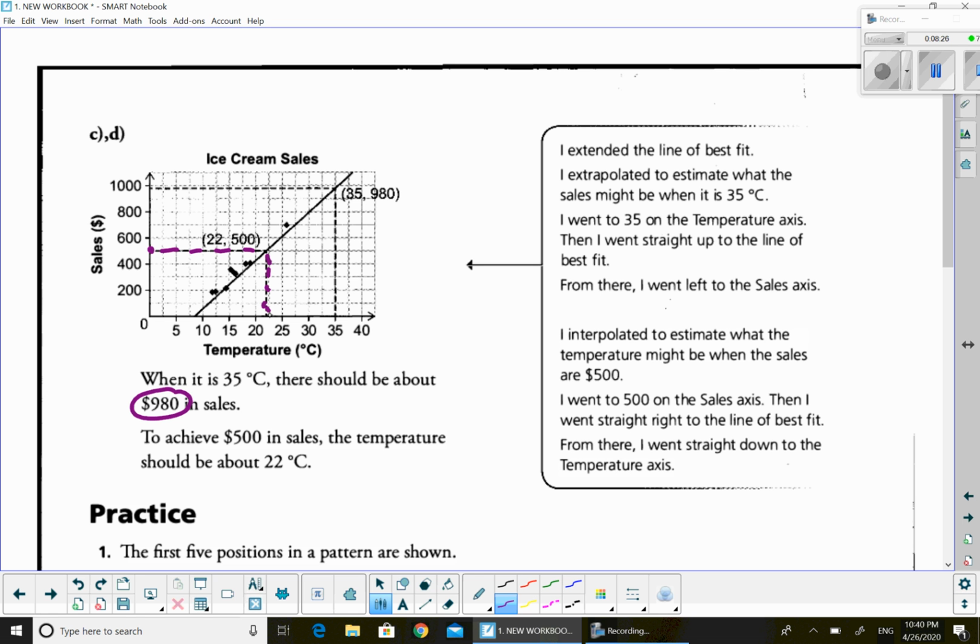And then you can estimate what the temperature is here. And they said it's around 22 degrees Celsius. So you can go starting from x to y or starting from y going to x. And that's pretty much how we analyze these linear relations. A lot of these questions are going to be the same. The process is the same. So as you get to do more of them, you'll be more comfortable.